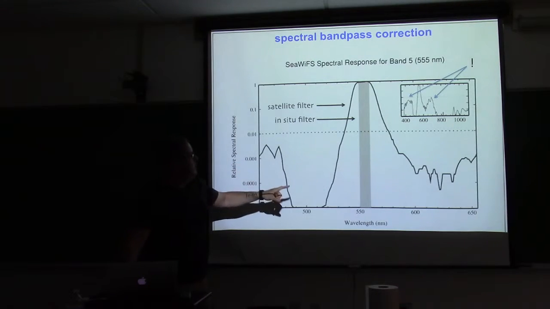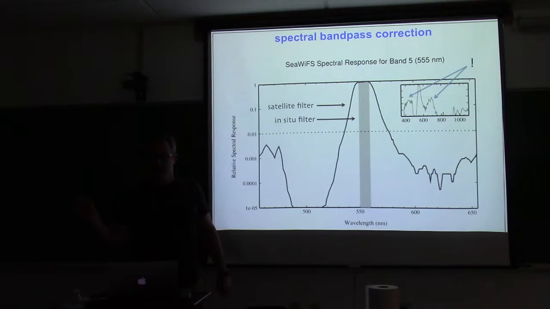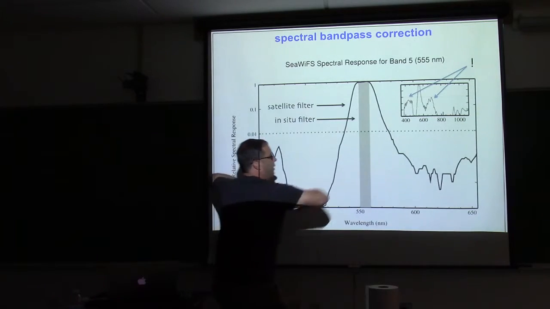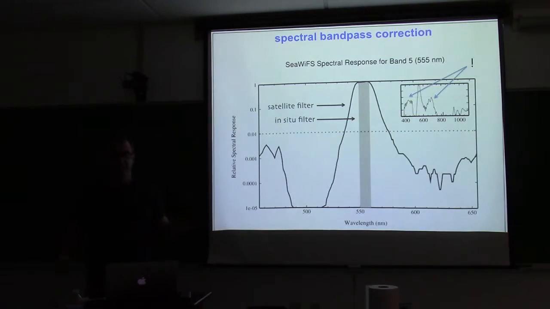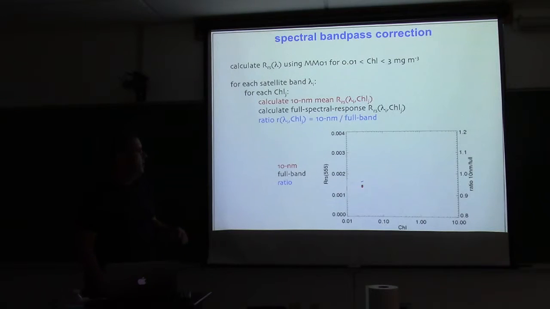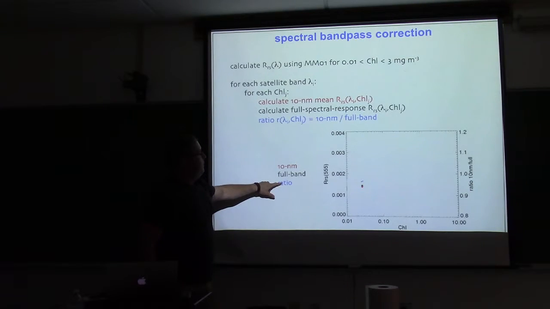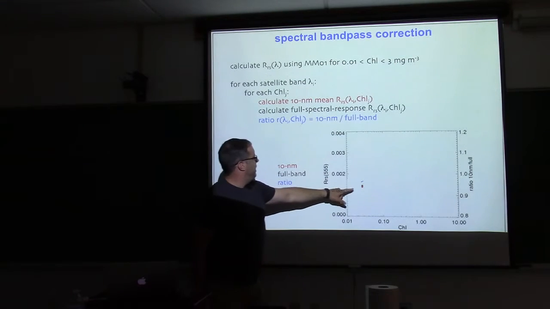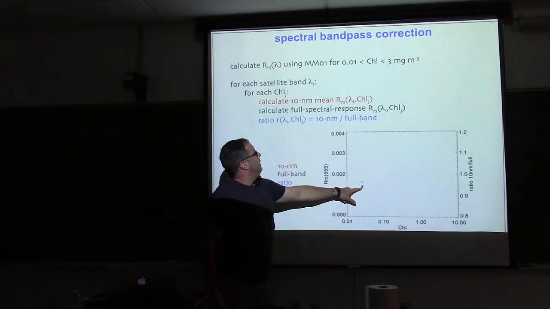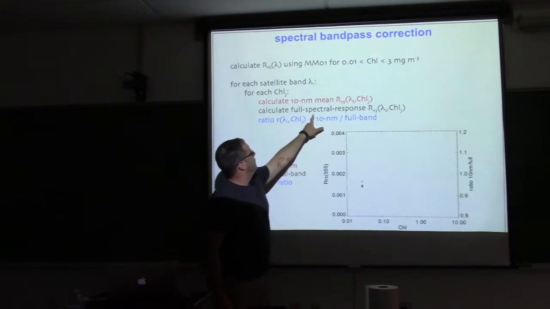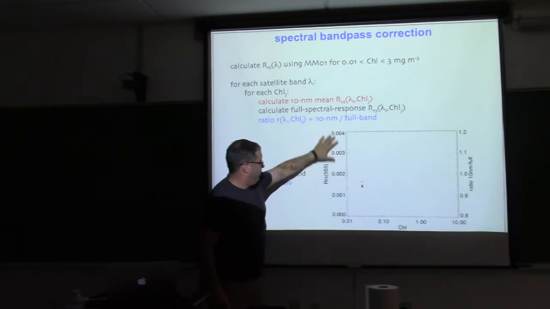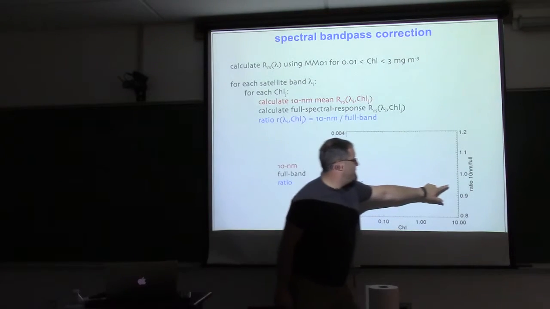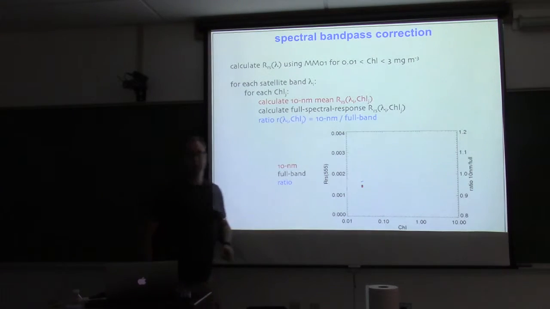So for every wavelength, for every step in that chlorophyll table, we're calculating the signal from this, and we're calculating the signal taking the full spectral response into account. All right? And then we take the ratio of the two. On this plot, for this particular value, the red dot indicates the 10 nanometer mean Rrs and the black dot indicates the full spectral response Rrs. Represented on this axis, you can tell they're not much different, but the ratio of the two is roughly 0.95.